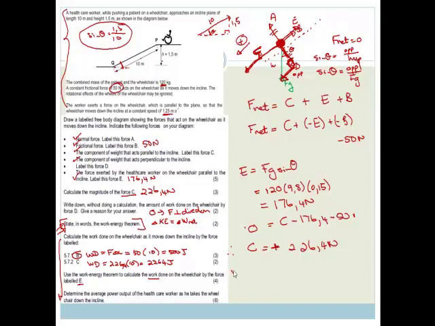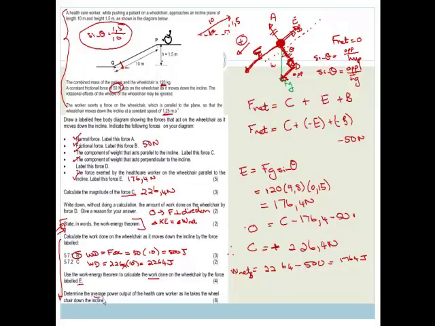So the net work done is going to be 2264 minus 500, which is going to be 1764 joules. Okay? Easy enough.